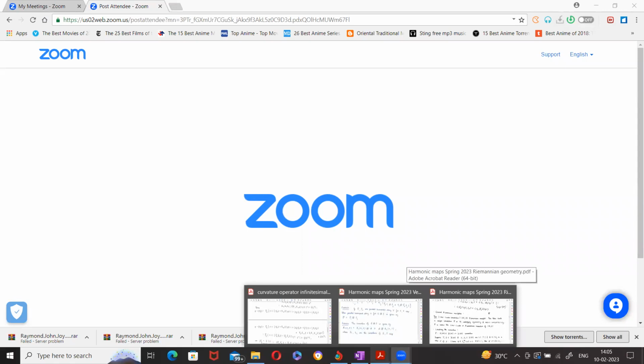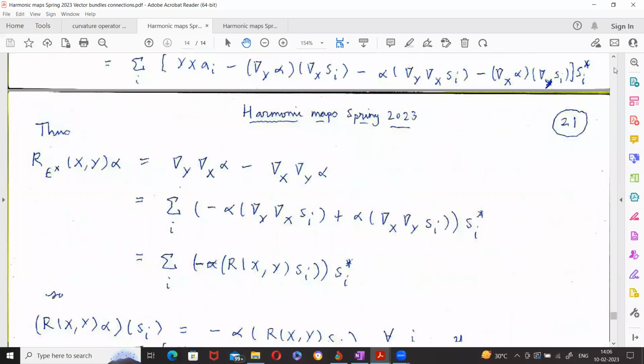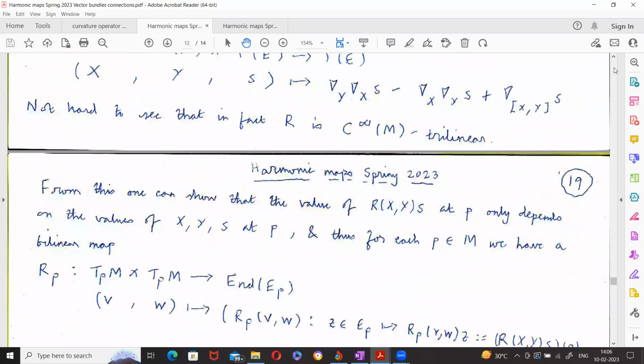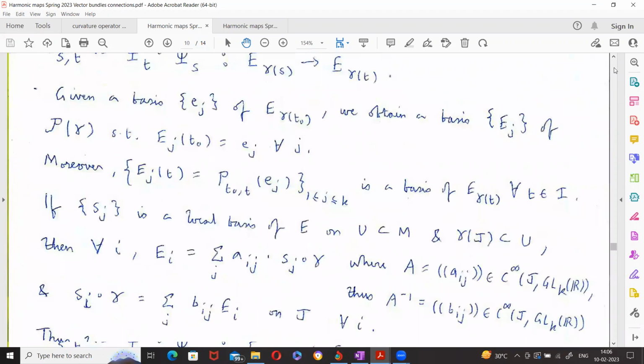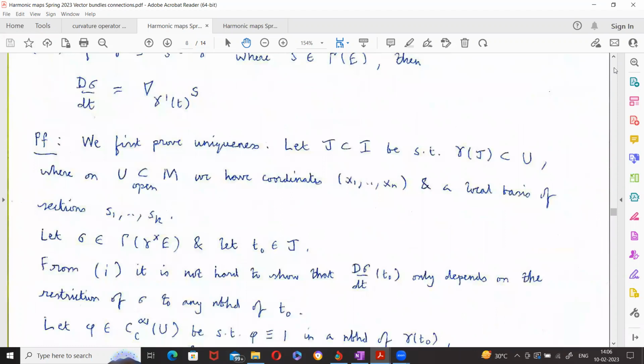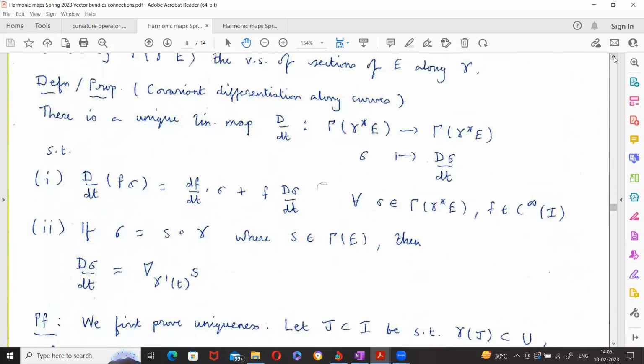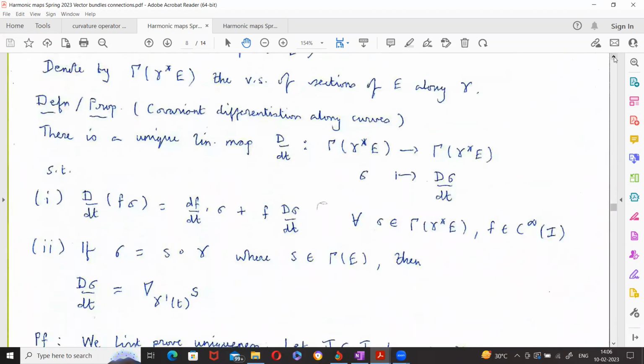All right. So we were talking about vector bundles and connections on vector bundles. Last time we finished with this proposition that given a connection nabla on a vector bundle, we got a notion of covariant differentiation of sections along curves.